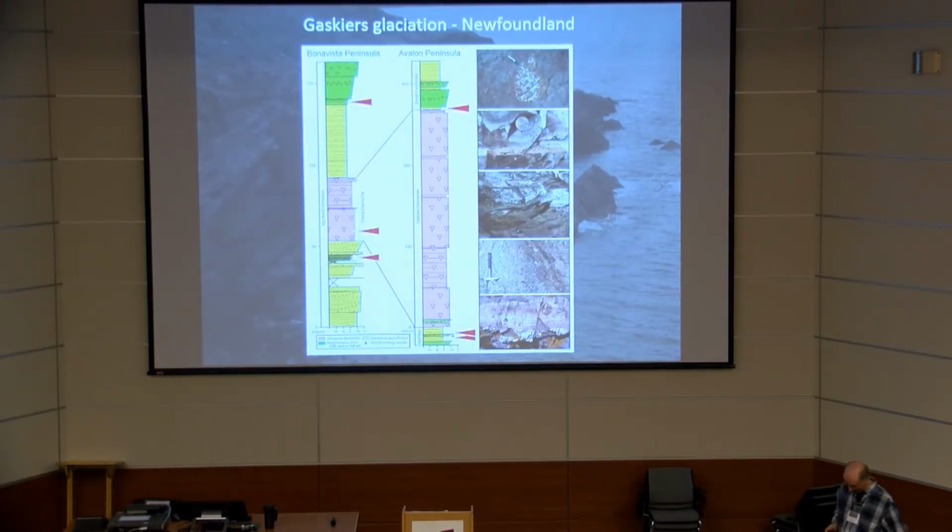Now, starting with the Gaskiers, that's the main southern Avalon section of the Gaskiers diamictites. Work on this was done by Paul Myrow, Ed Landing, Sam Bowring, and myself, starting in the late 90s and early 2000s, and you have probably seen that abstract referenced many, many times.